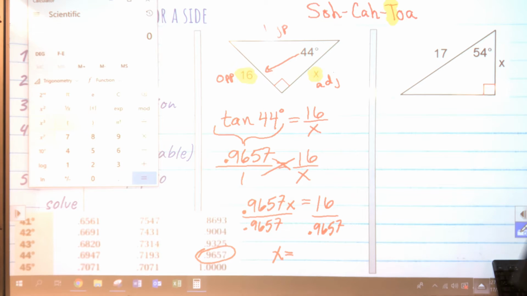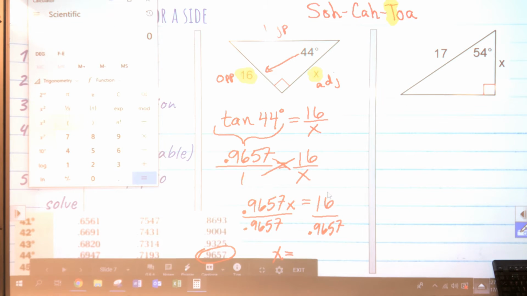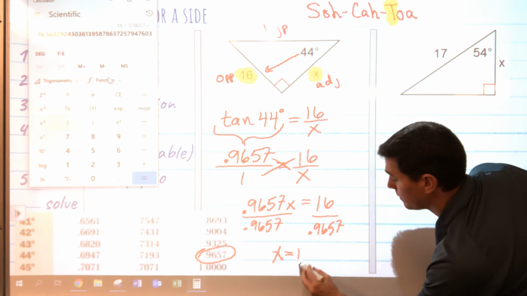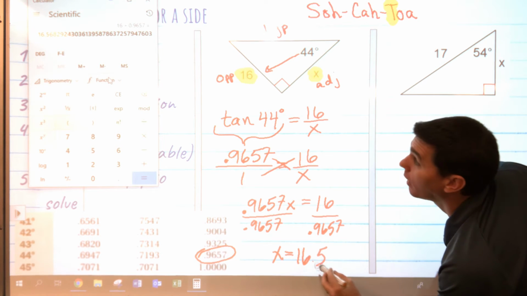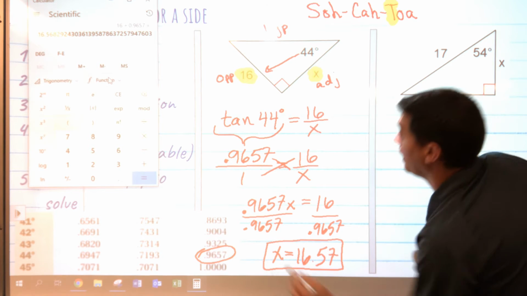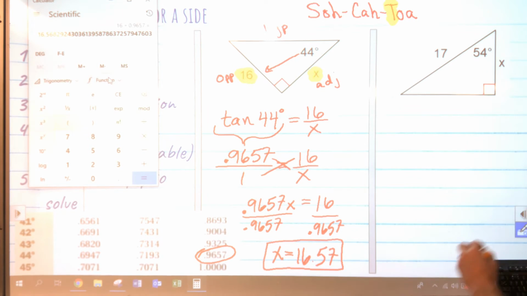And so, if we go 16 divided by 0.9657, it gives us 16.56, 57 if we round it. Voila. Okay, let's try again.